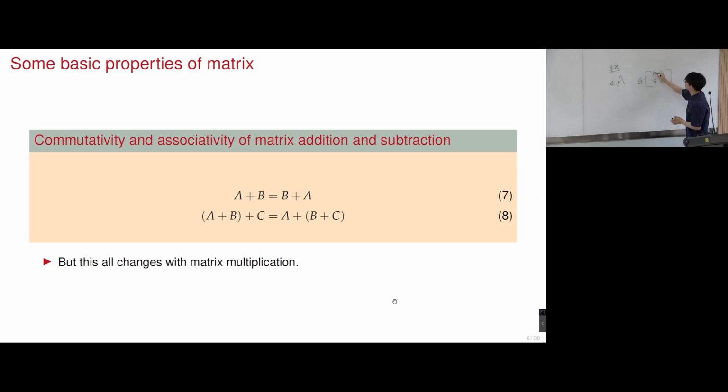So this becomes 4. 4 times 2 is 8, right? So this becomes 8. 4 times 3, 12. 4 times 4, 16, right? So it's like this. You don't know scalar yet, but if you multiply one value to a matrix, you just multiply it to all the elements inside the matrix.